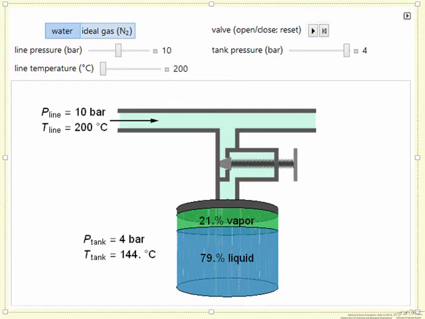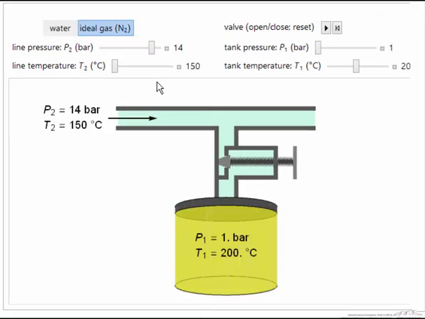So let's look at the simulation to see the behavior, the results of solving this unsteady state energy balance. So here's the simulation for ideal gas, nitrogen. And when I select play, the valve opens and then closes once we get to the same pressure as the line pressure.